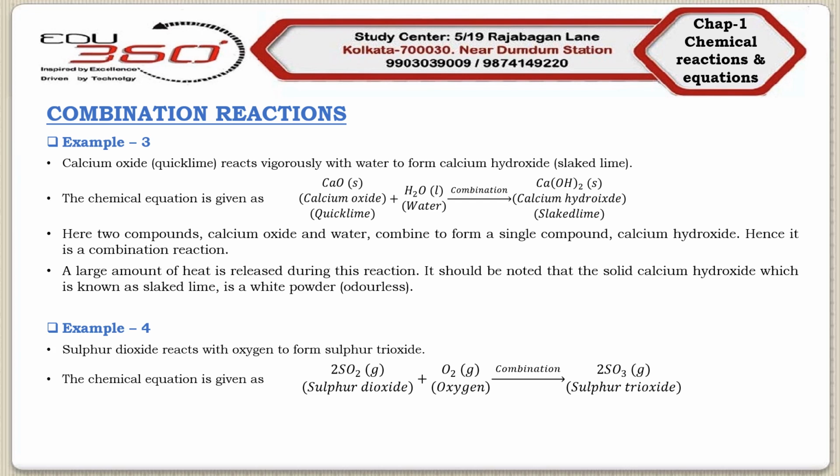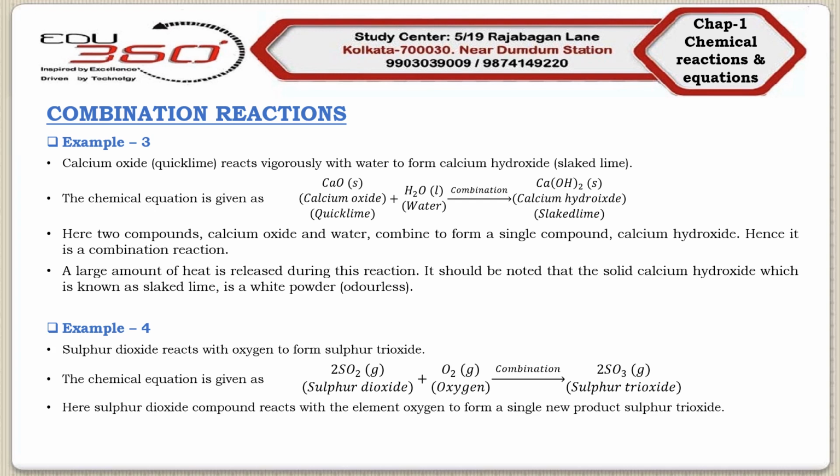Here sulfur dioxide is SO2, which is a gas, oxygen O2 is again a gas, and sulfur trioxide is SO3, which is again a gas. So from this reaction, we can say that sulfur dioxide, which is a compound, reacts with oxygen, which is an element, to form a single new product, which is sulfur trioxide. So this is an example of combination of a compound and an element.